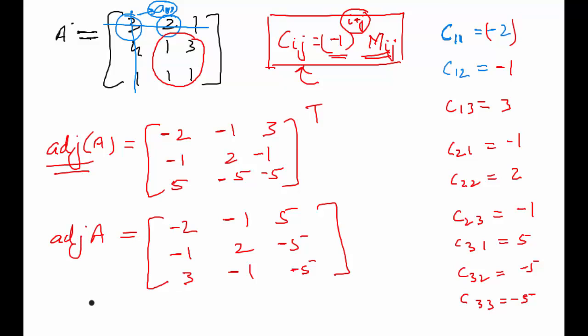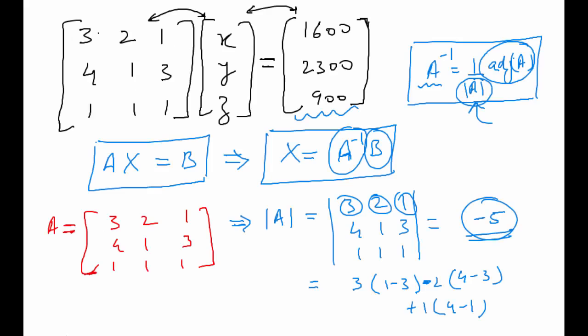So now this divided by our determinant gives us the inverse, right? So I can write now A inverse. A inverse will become how much? A inverse will be 1 upon minus 5. That was our determinant, right? Right here.